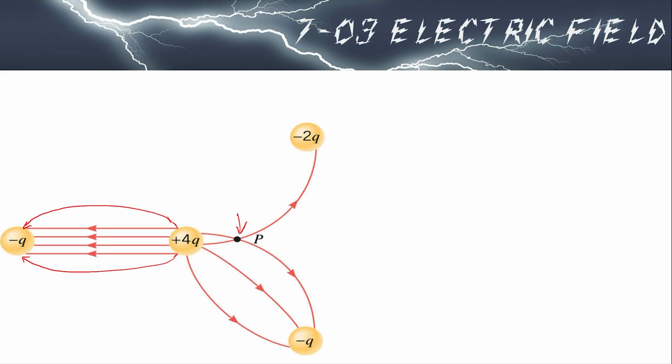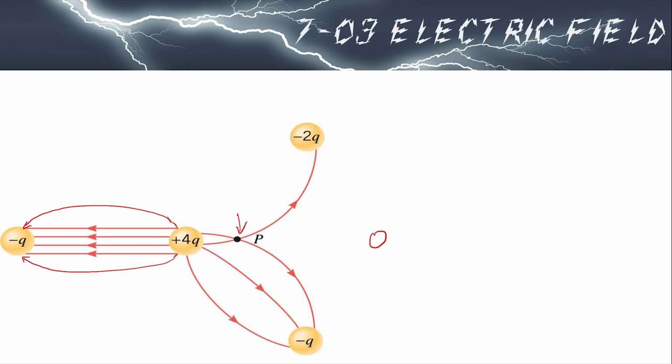You can't cross at point P. And our lines should be proportional. The number of lines should be proportional to the size of the charge. So the two negative Q's should have the same number of lines. The negative 2Q should have twice as many lines going to it. And the 4Q should have twice as many lines leaving it as go to the negative 2Q.